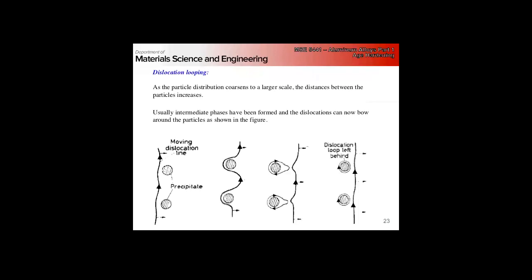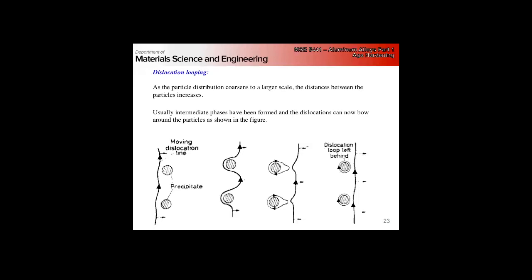Looping, right? If you make sketches on the exam, put a sign on your dislocations so it's easy to see what's positive and what's negative sense.